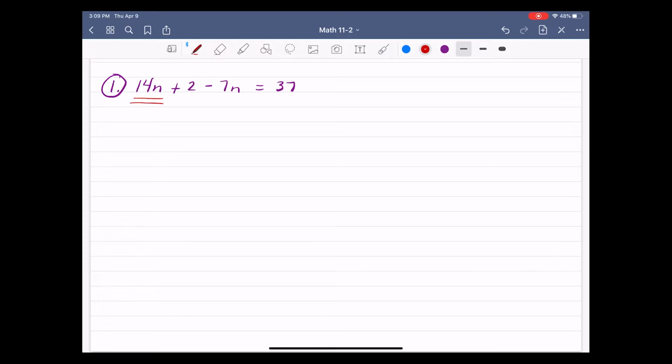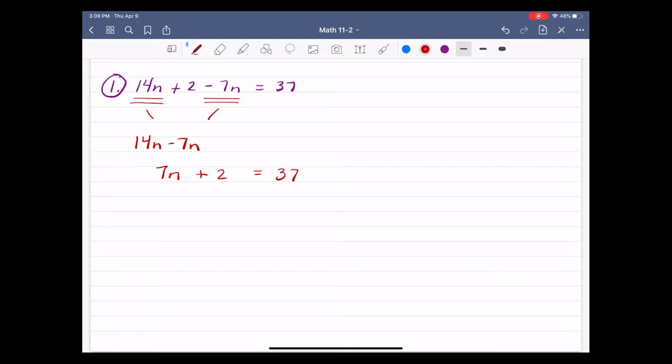So we've got 14n and we have a negative 7n, and we're going to combine those to begin with. So we know that 14n minus 7n gives us 7n plus 2 equals 37.